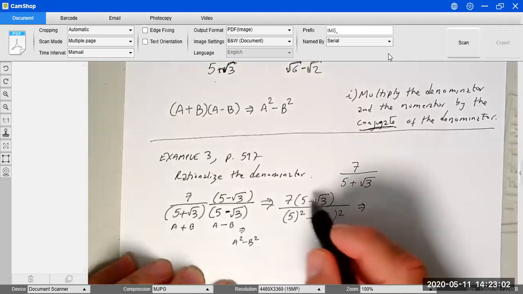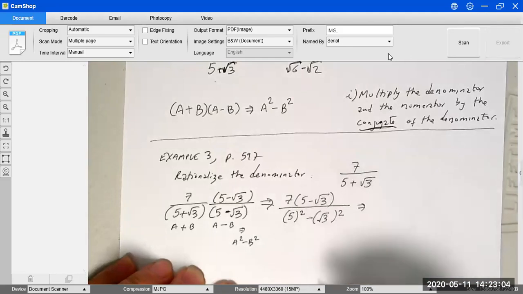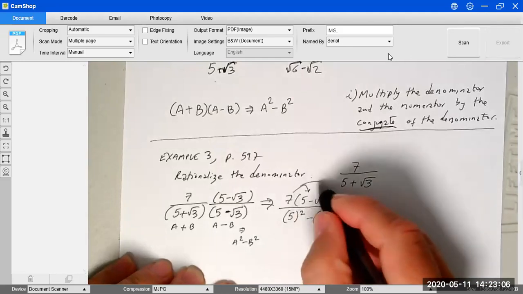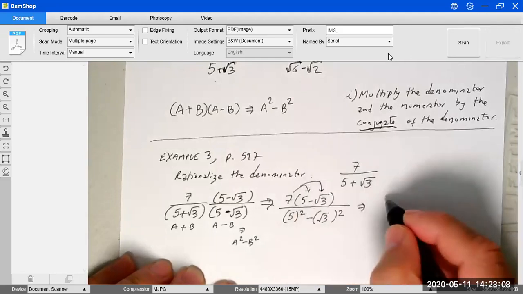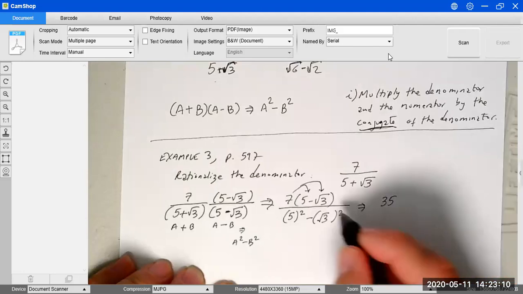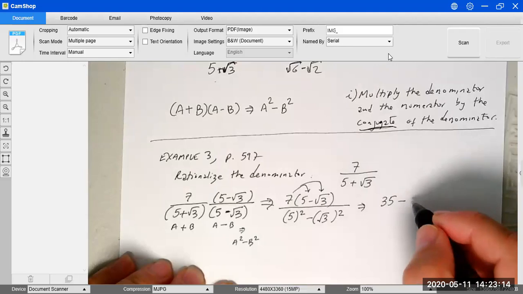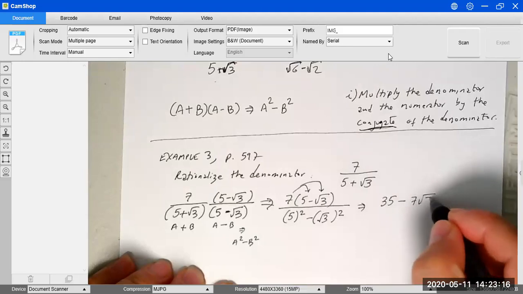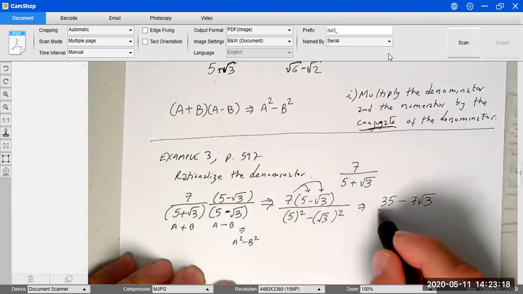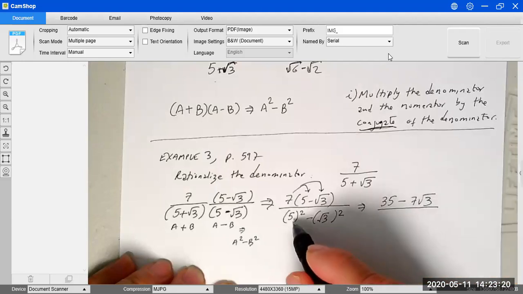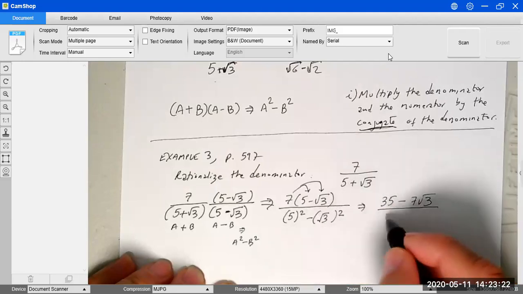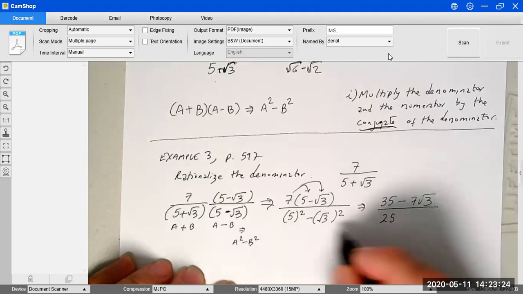On the first case, we're going to apply the distributive property here. So 7 times 5 is going to be 35, minus 7 times the radical 3, which is just 7 times radical 3, over 5 times 5, which is going to be 25. That's 5 squared.